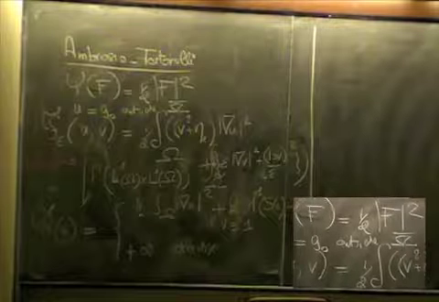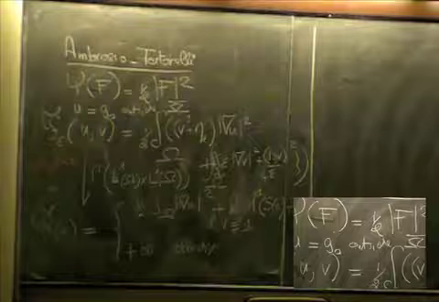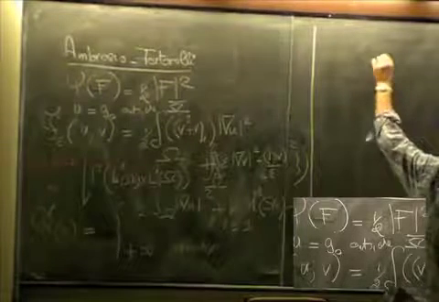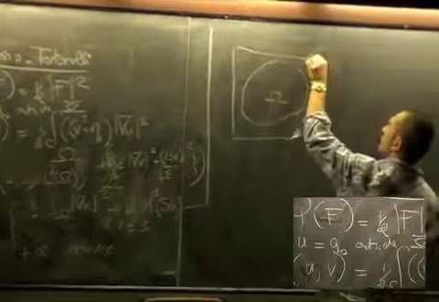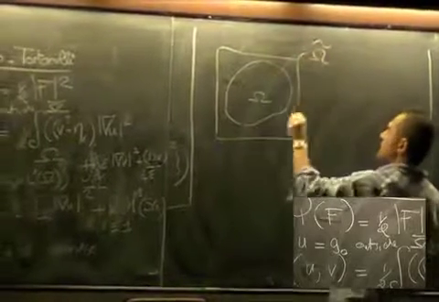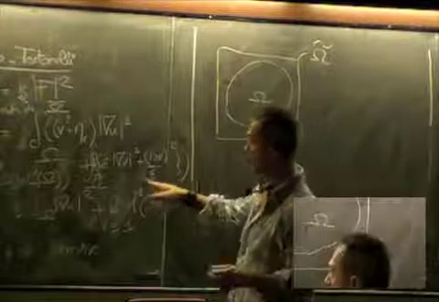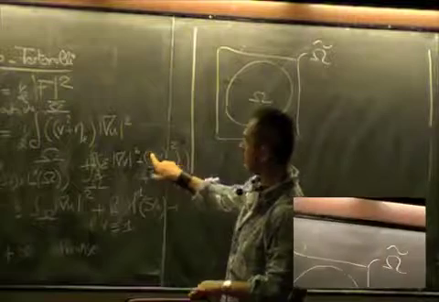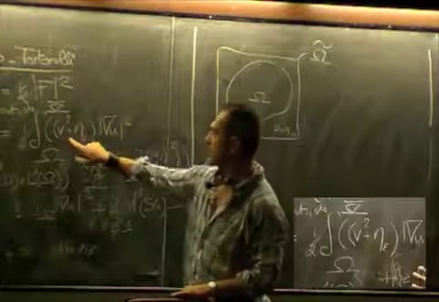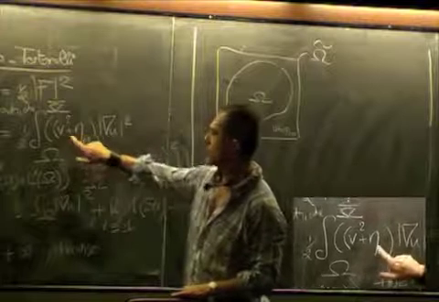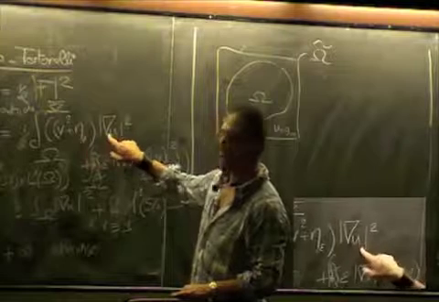Okay, so why does it have a minimum? Well, certainly take G0. I'm in this situation. I have omega, and I have omega tilde like this. And here I have U equals G0. So certainly I can take a test function V equals 1 and U equals G0. I get a value. Since V is 1 here, this is 0. V is 1 here, this is eta epsilon grad G squared.